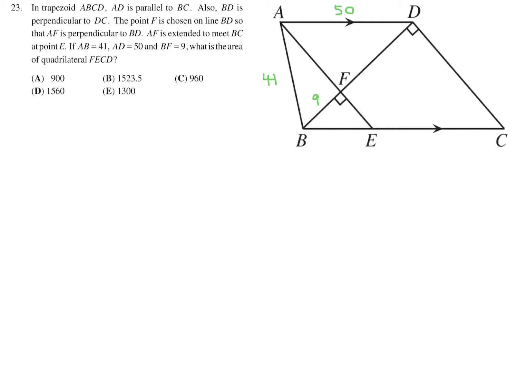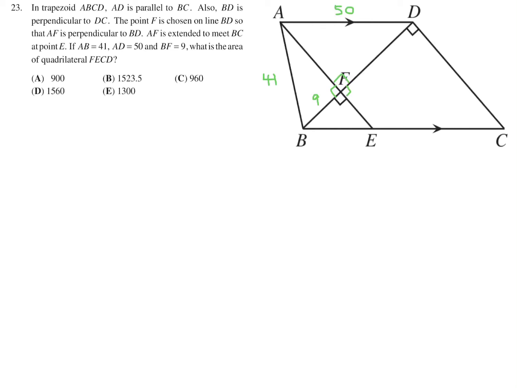This is 90 degrees right there, and therefore this is 90 degrees also. And they also tell you that that's 90 degrees. So we basically have a lot of 90 degrees everywhere. So that basically means that we have a lot of Pythagorean theorems everywhere.